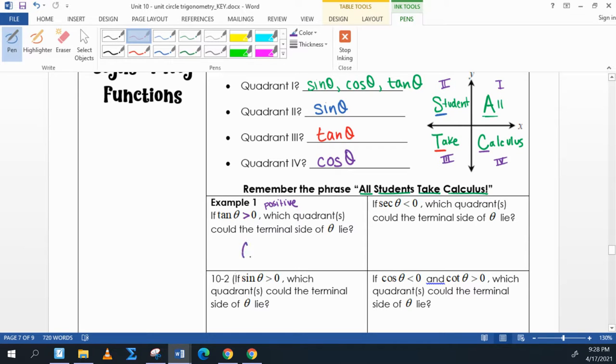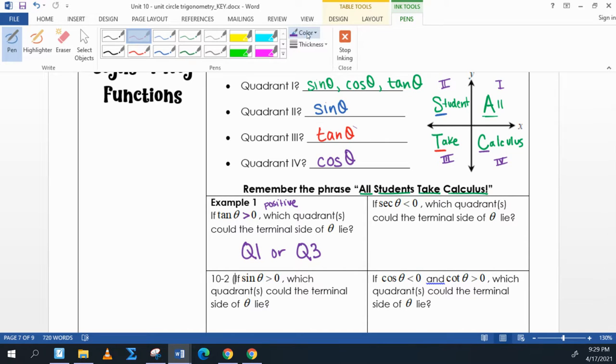So it could be quadrant 1, or the tangent is also positive in quadrant 3. I'm just going to write normal numbers, but you can use the Roman numerals if you'd like. Okay, so 2 quadrants: if I know that my tangent's positive, I know my angle's either in quadrant 3 or quadrant 1, because in 2 and 4, tangent is negative.